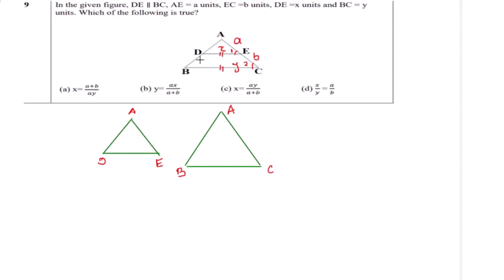Now you can see that 2 triangles are there, so I have separated these 2 triangles ADE and ABC. In these 2 triangles we are given DE is x and BC is equal to y, and this one is a units. What will be AC? If AE is equal to a and EC is equal to b, so AC must be a plus b.